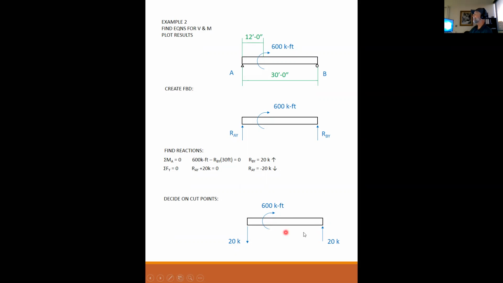So in between any discontinuity requires another cut. So I need cut number 1, I need cut number 2. Does that make sense? To anybody? Yes. Okay.